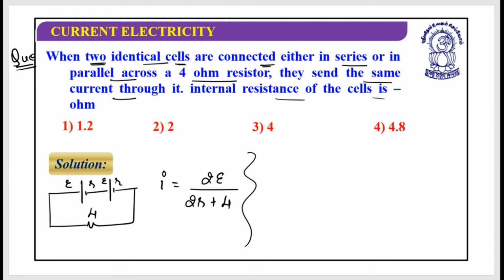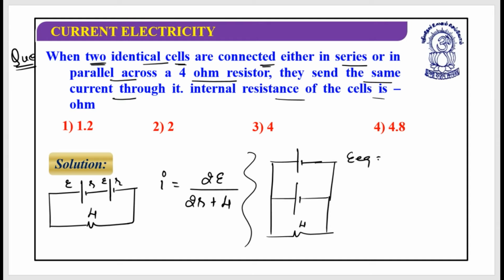And when this is connected in parallel, it looks something like this: the first cell, the second cell, and this is the 4 ohm resistance. So their E equivalent can be written as E1 R2 plus E2 R1 divided by R1 plus R2.